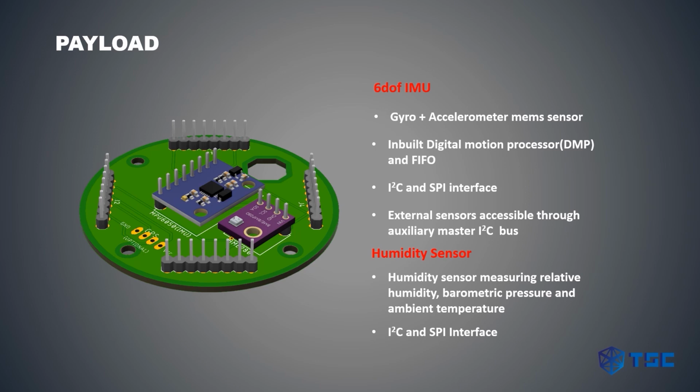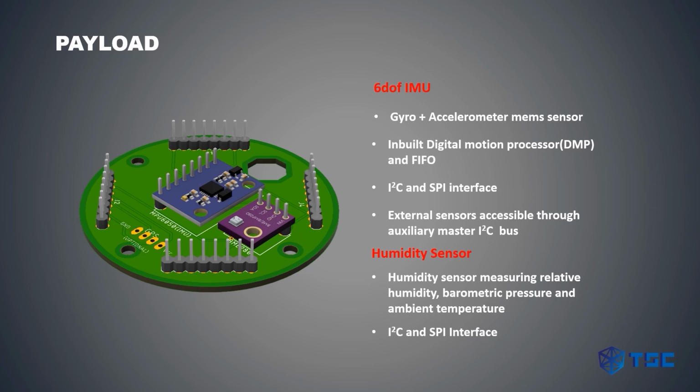It supports both I2C and SPI interfaces. External sensors are accessible through the auxiliary master I2C bus. With the help of the IMU, the attitude, G-force, and drop rate of the CANSAT can be determined. This system is also known as an attitude determination system.